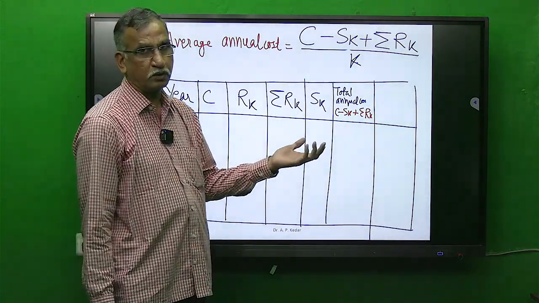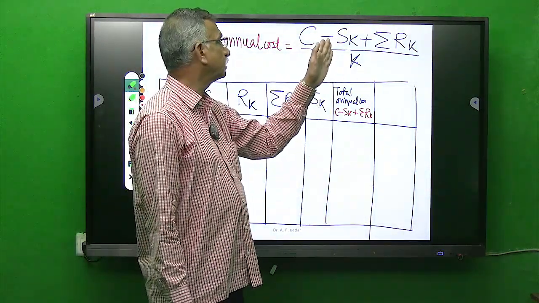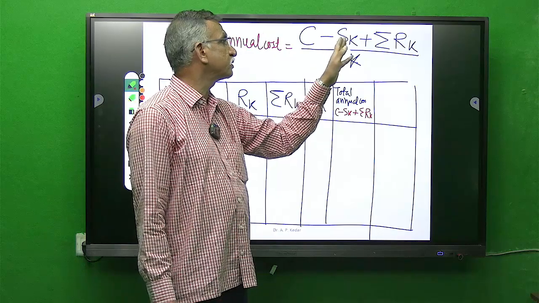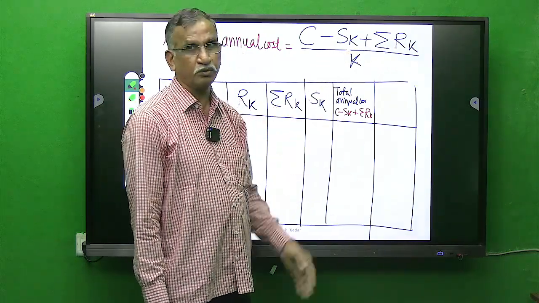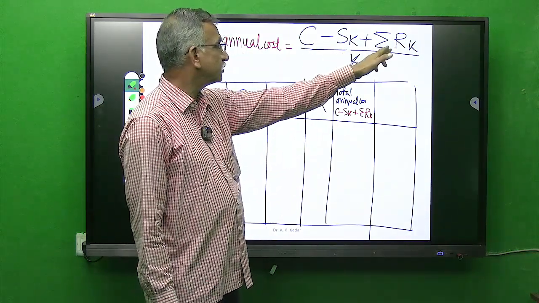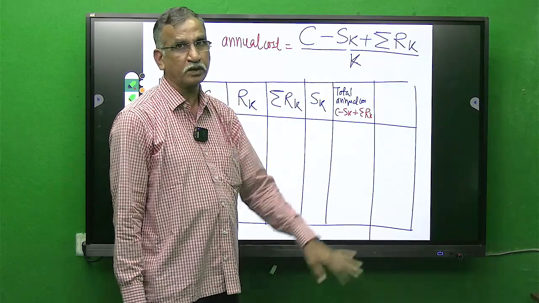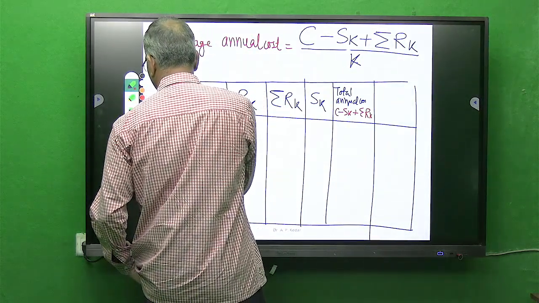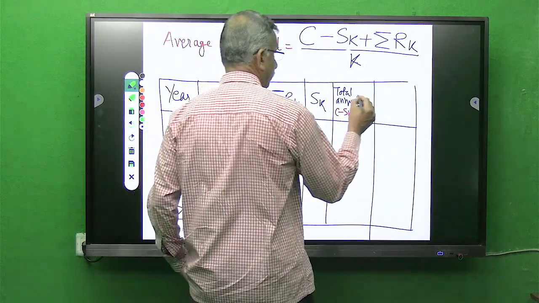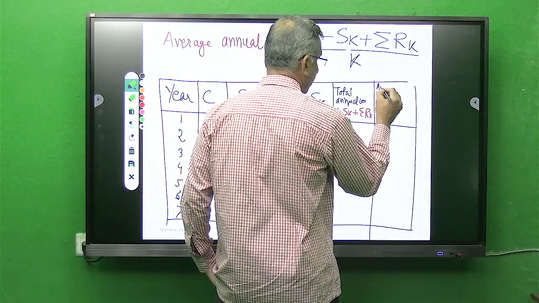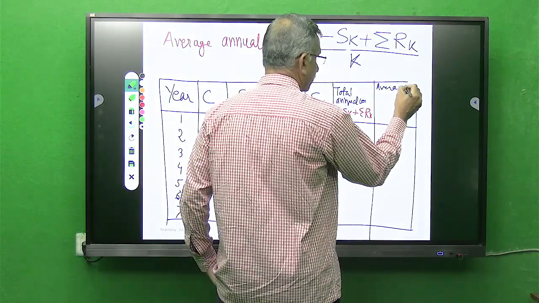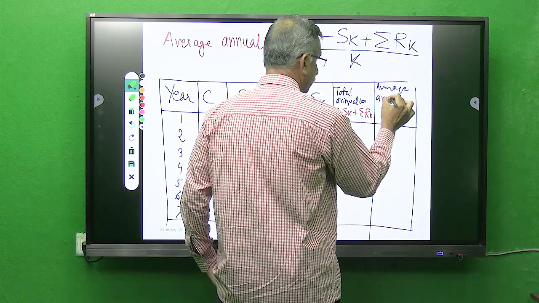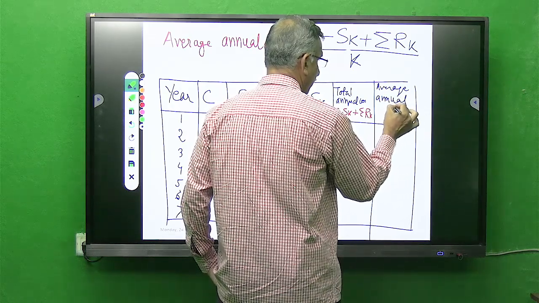See, you may have in mind, sir, why is it necessary to write this minus SK prior to this RK? No. You can write C plus summation RK minus SK, one and the same thing. And then what we are finding last? Average annual cost. We are finding average annual cost.